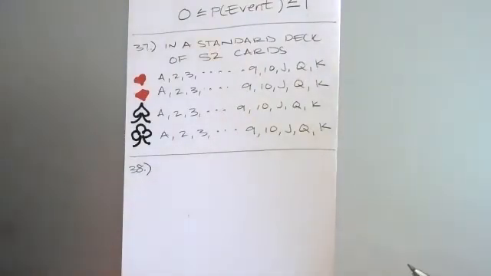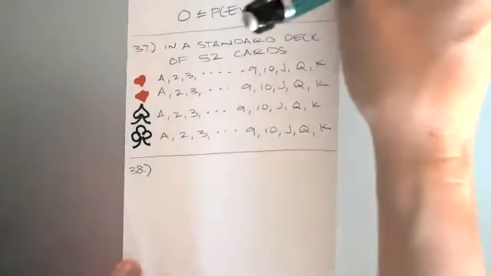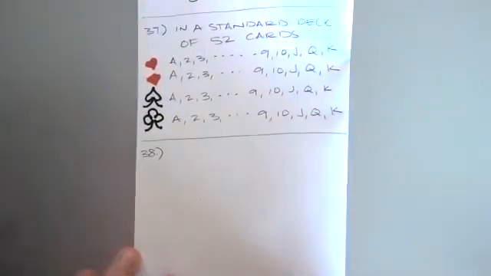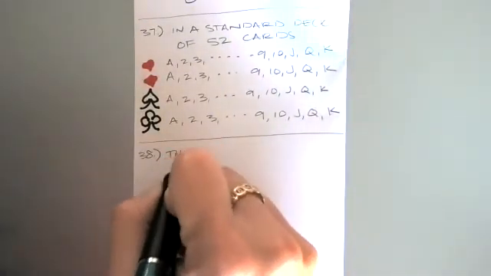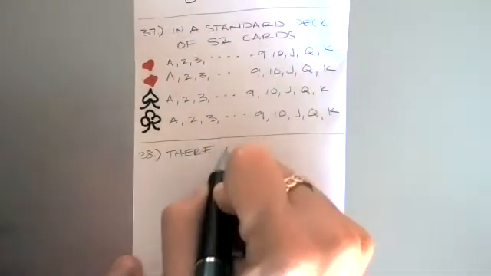Are we okay with that one? Yeah. Okay. So number 38 says, how many possible outcomes are there for 2 6-sided die? So there are 36 outcomes.